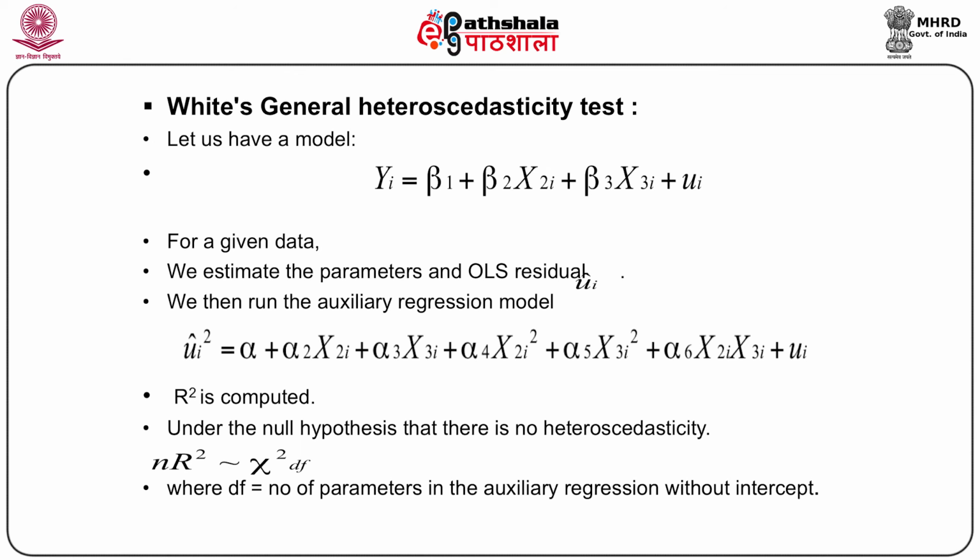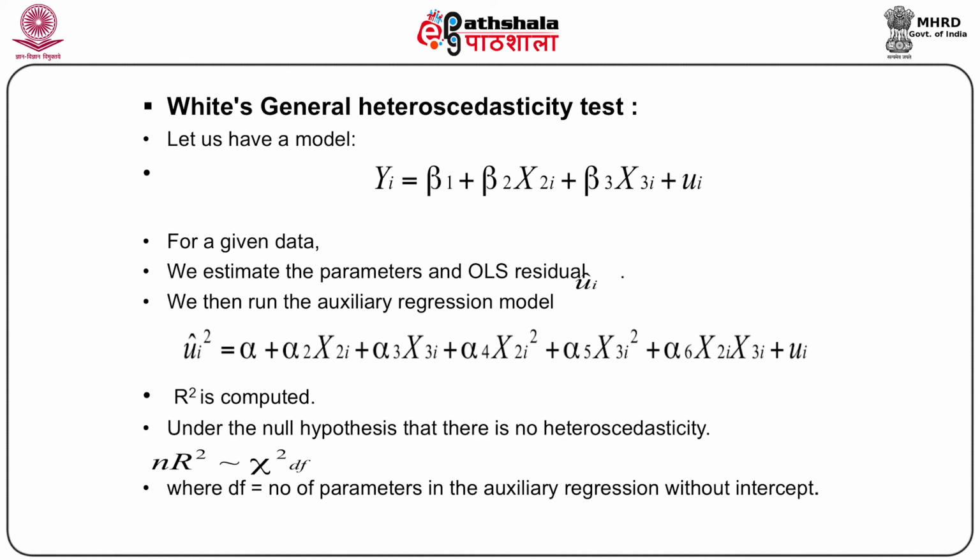Now, the R square or the multiple correlation coefficient square of the above model is computed under the null hypothesis that there is no heteroscedasticity. N times R square follows a chi-square distribution with degrees of freedom equal to the number of parameters in the auxiliary regression without intercept, where n is the sample size.